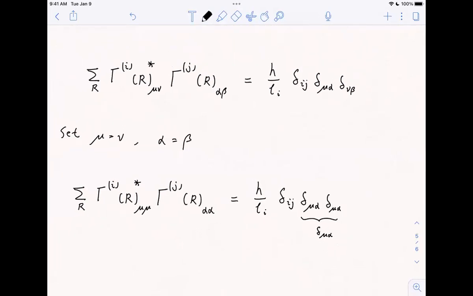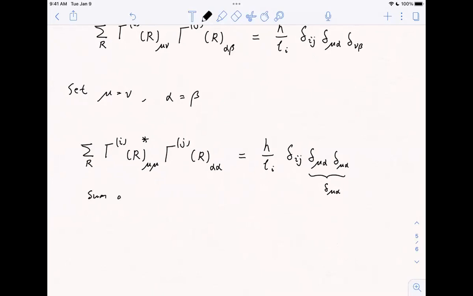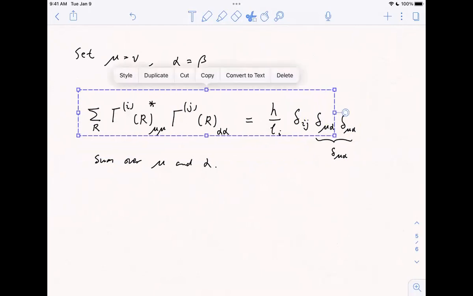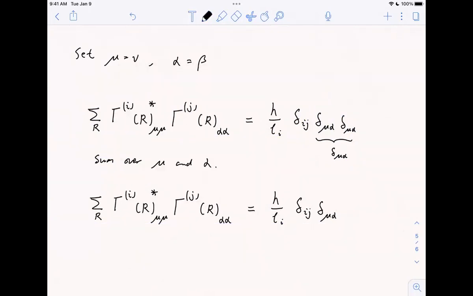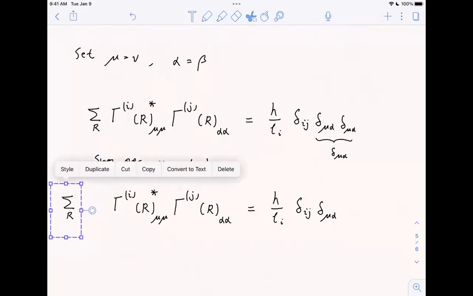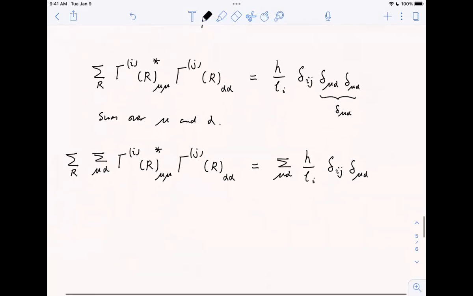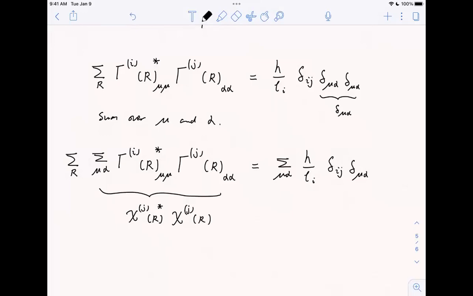Then sum over mu and alpha. After you sum over, this one will simply become the character, and this one will be the character chi_j. So you get the trace.